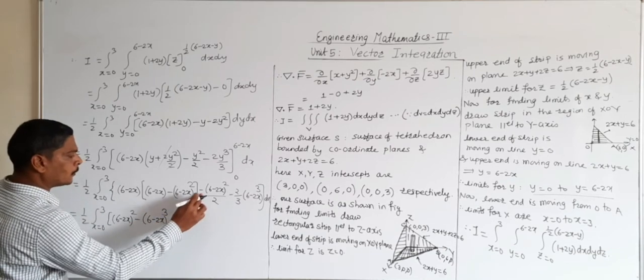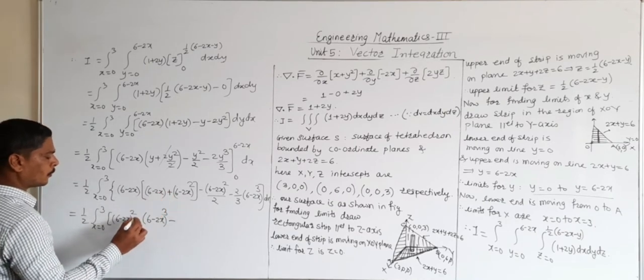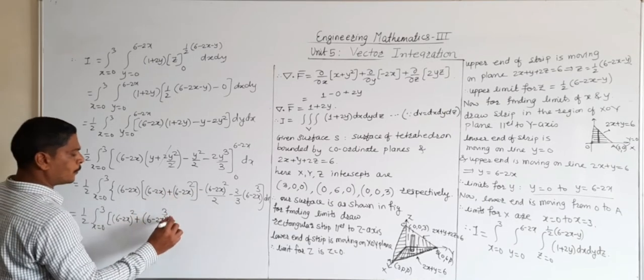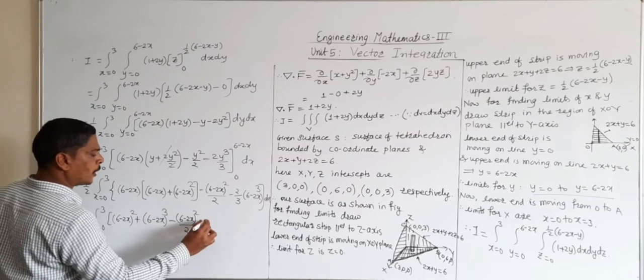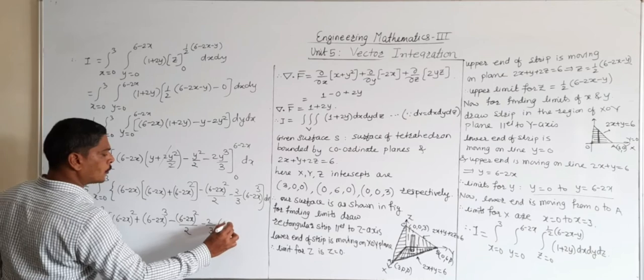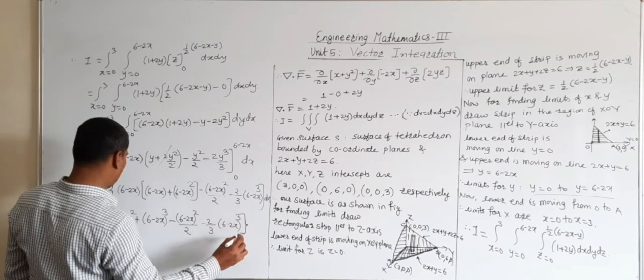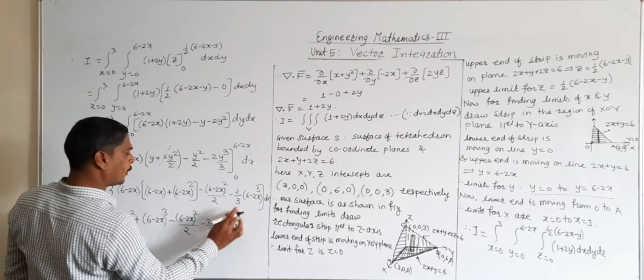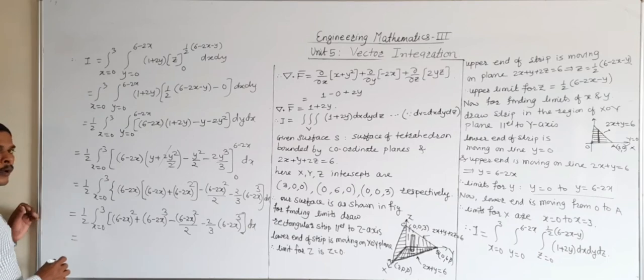Okay, then this minus sign as it is, sorry, here is a plus sign. Okay, this is a plus sign. So this function as it is, 6 minus 2x bracket square divided by 2 minus 2 upon 3 into bracket 6 minus 2x bracket cube. So in that way we get our function. And now integrate this function with respect to x.